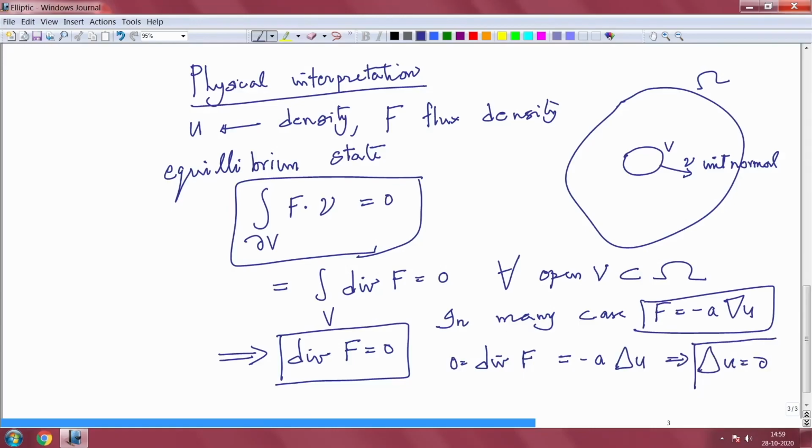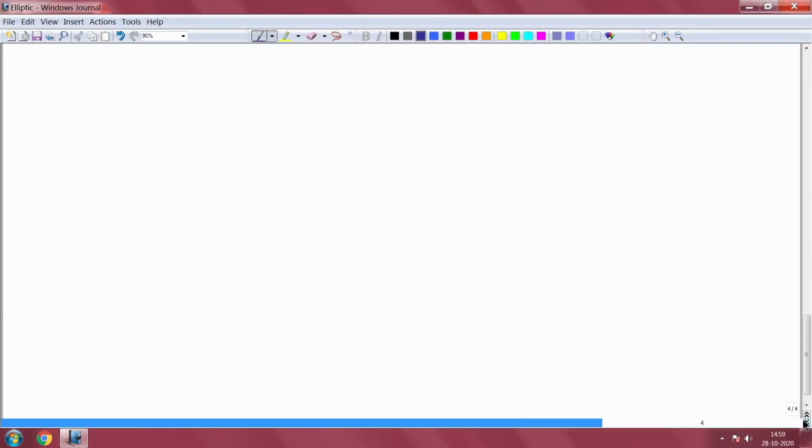So, Laplacian of U equal to 0 is called the Laplace equation, and if you have some external forces, you get Laplacian U equal to F. So, that is how the general thing comes into picture. All right. You can give so many other physical interpretations, but let me not get into that one.